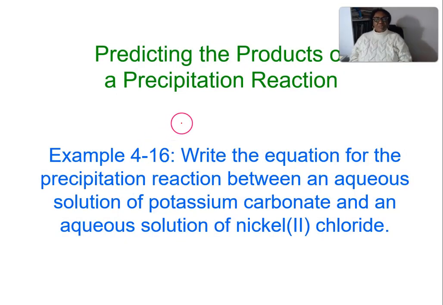So how do we predict the product of a precipitation reaction? We'll take an example. Write the equation for the precipitation reaction between an aqueous solution of potassium carbonate and an aqueous solution of nickel chloride.